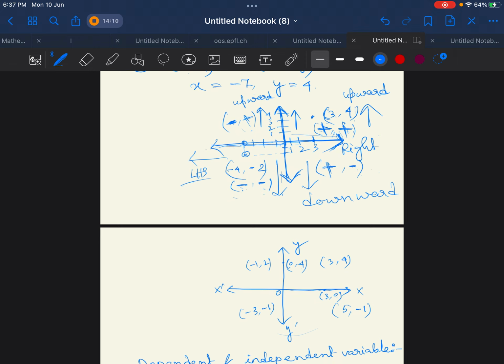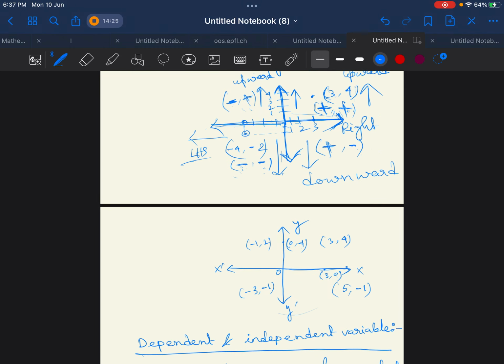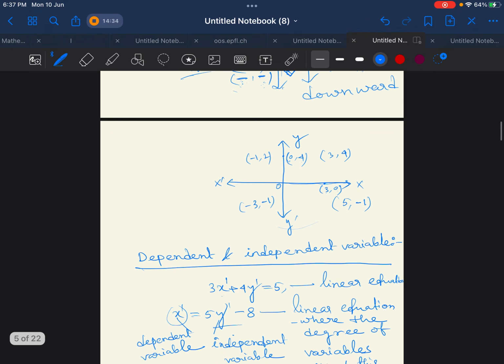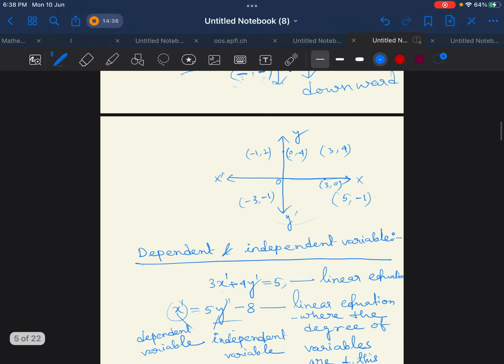So in the first quadrant the x value and y value are always positive, in the second quadrant x value is negative and y value is positive, in the third quadrant x value is negative and y value is negative, and in the fourth quadrant x value is always positive and y value is negative.